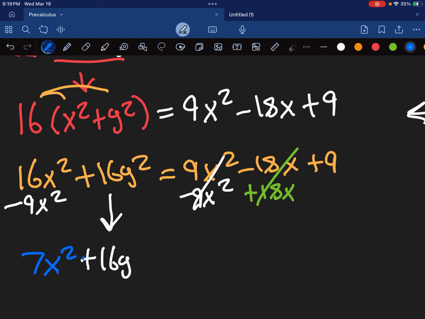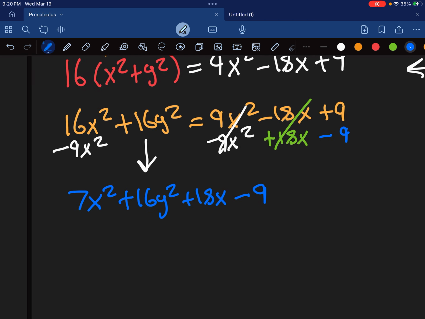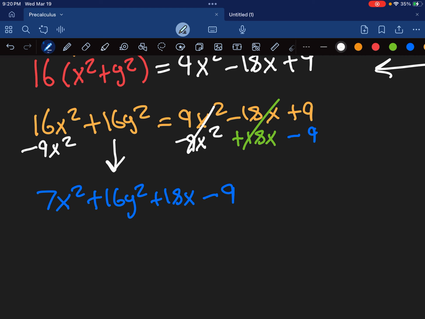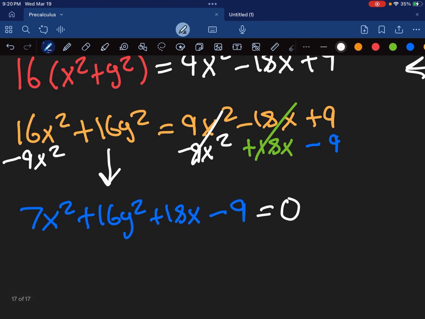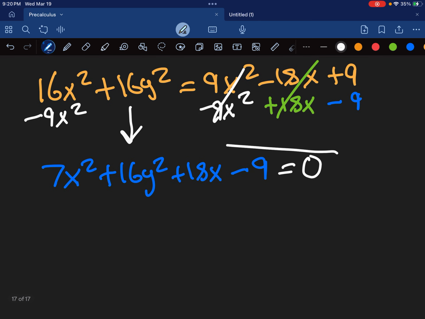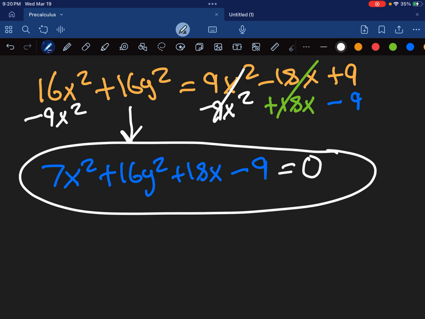Actually, let me change the color. Okay, and then now we add our plus 18x, and then we include our 9. So we're subtracting 9. Alrighty, and then make sure to add the 0 at the end. And then this will be our general form of the equation.